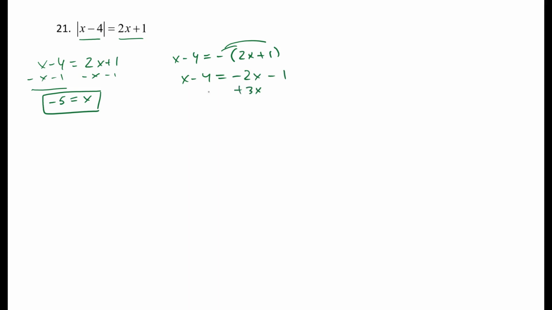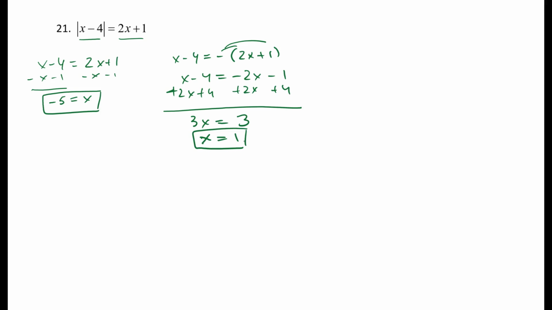Going to add 2x to both sides to get rid of the 2x on that side. And then we'll add 4 to both sides here. So we'll get 3x on the left equals 3. Divide both sides by 3 to get x equals 1.